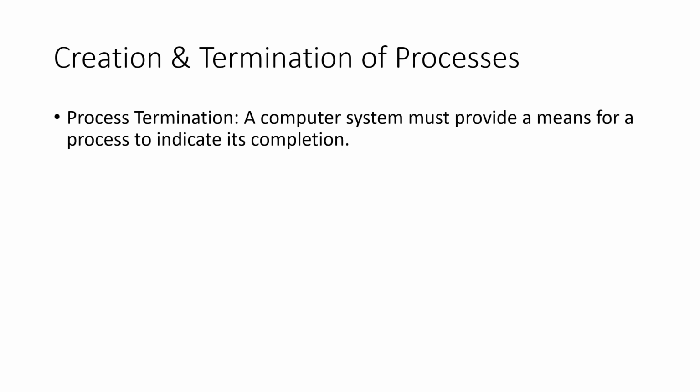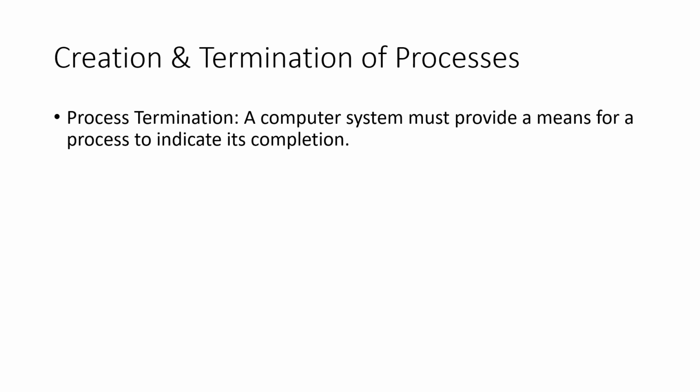There are many other reasons also, like time limit: if the time limit is exceeded for a particular process, or memory: if the memory is unavailable, the process will be terminated. Or if a process tries to access a memory location which it is not allowed to access, then also termination will occur. Or if it tries to access resources which it is not allowed to access, or in case of IO failures, unable to access, then also the process termination will occur.